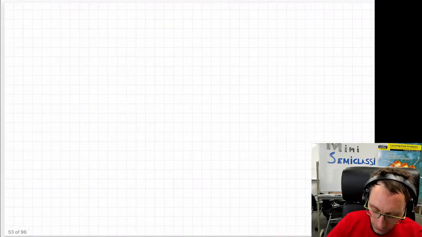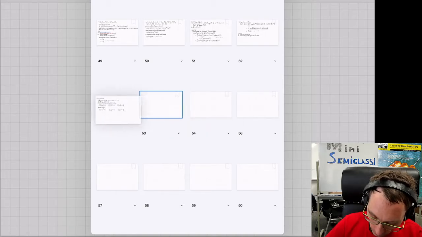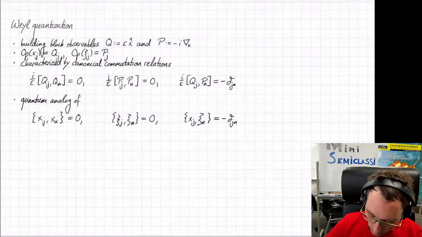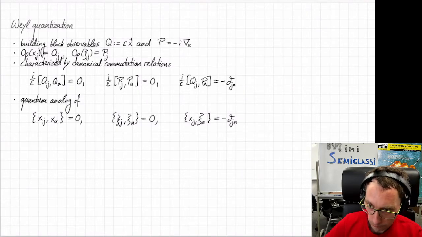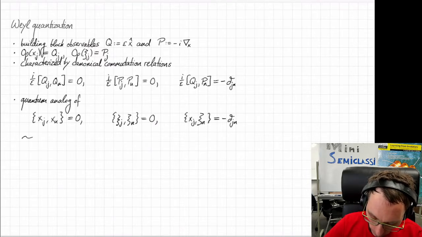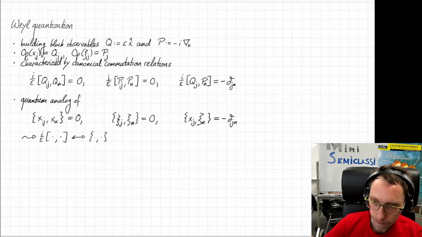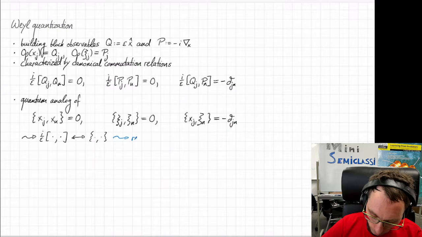But of course, this is a vague, intuitive statement that basically we need to exploit further and explore further. But the conclusion is that there is a correspondence between these two guys. So this is related to point 2.